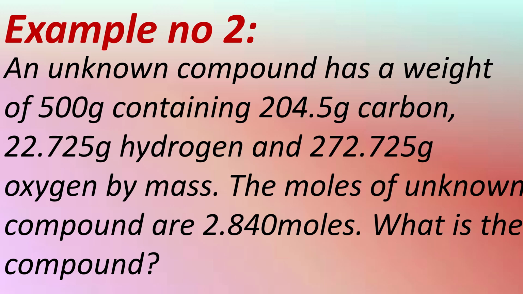What is the compound? So in example number 2, there is an unknown compound which weight is 500 gram. The amount of carbon by mass is given, amount of hydrogen by mass, amount of oxygen by mass. Moles of unknown compound are given. We have to detect the compound.